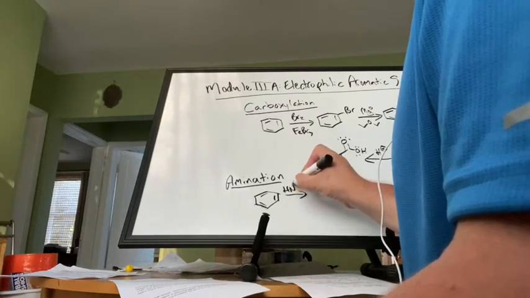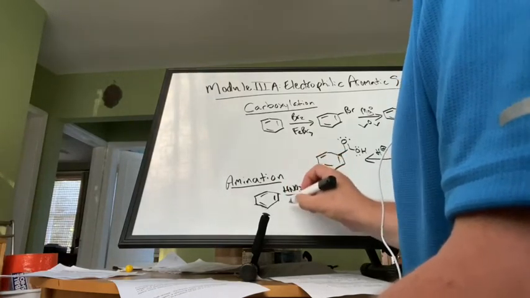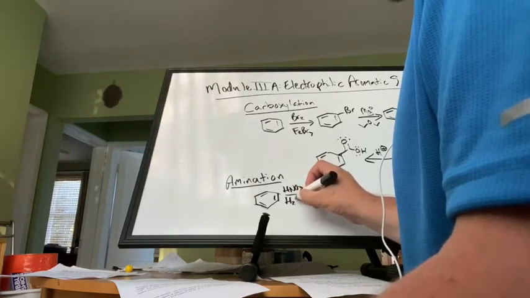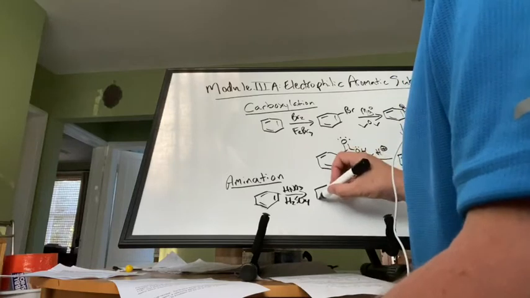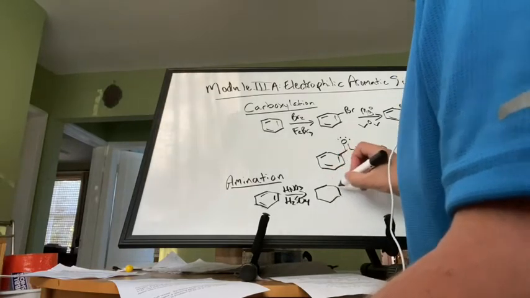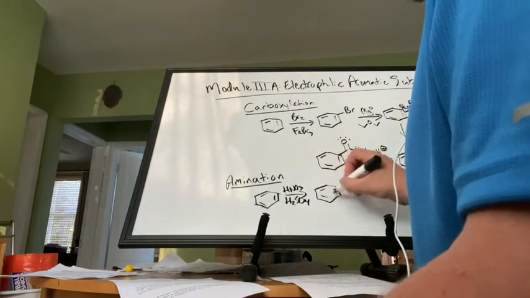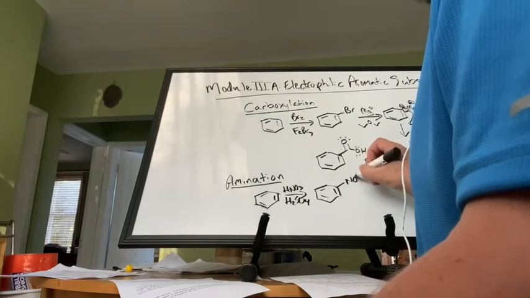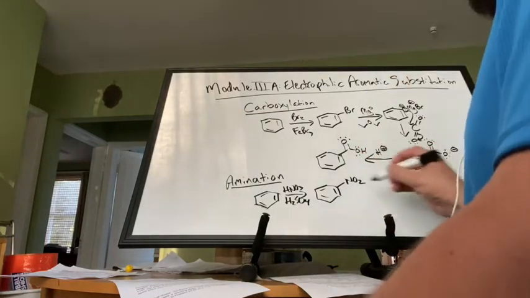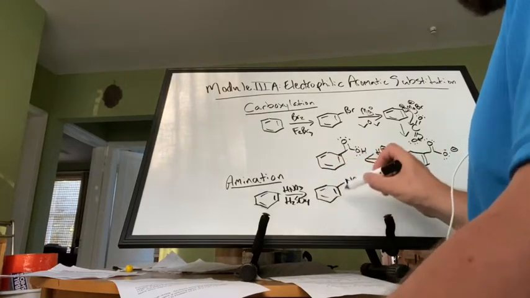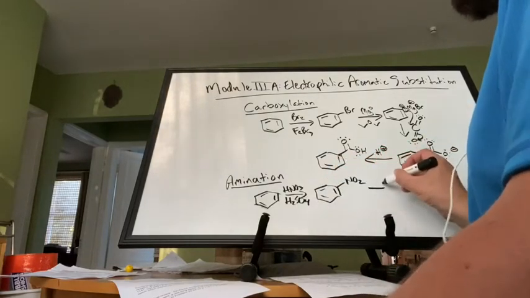Again, you would just use nitric acid and H2SO4. Okay, so there's your nitrated product. Again, you wouldn't apply heat because that would do polynitration.